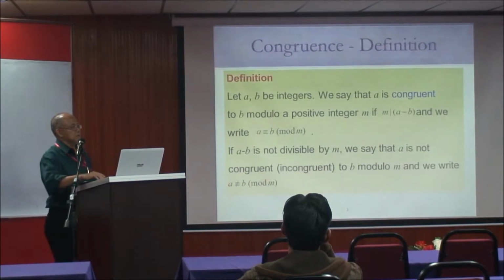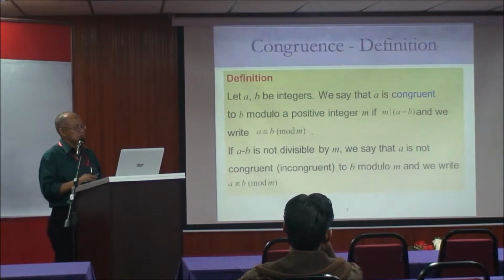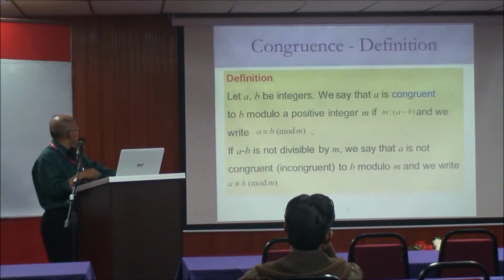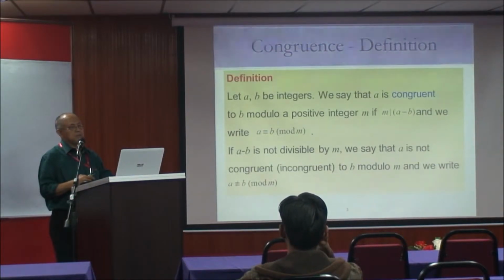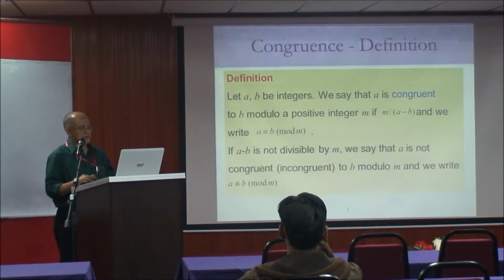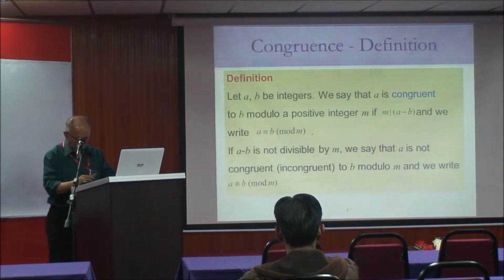We say that A is congruent to B modulo a positive integer M if M divides A minus B, and we write it with what we usually call the congruence notation, A is congruent to B mod M. This is the basic requirement for the definition: M must divide A minus B. If A minus B is not divisible by M, then A is not congruent to B, and we use a similar notation but with a negation of the congruence symbol.